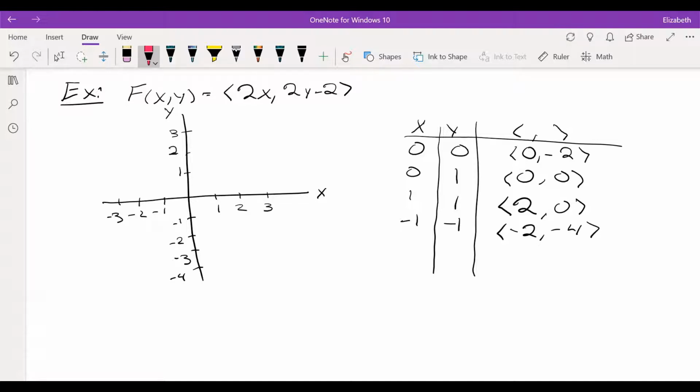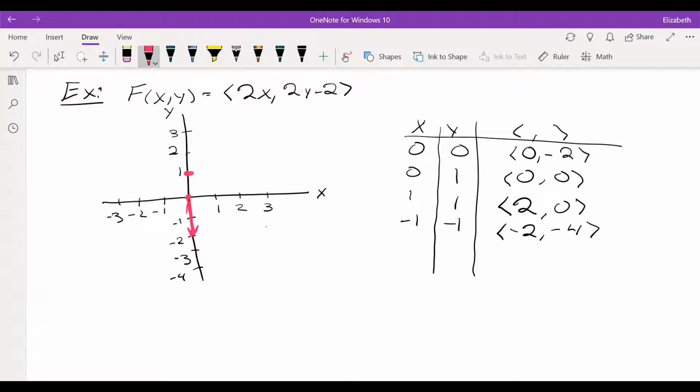So at 0, 0, I'm going to place the vector 0, -2. So that's 0 in the horizontal direction, and then -2 is going to go downward 2 units, like so. Okay, the vector 0, 0 is going to go at the point 0, 1, which is right here.